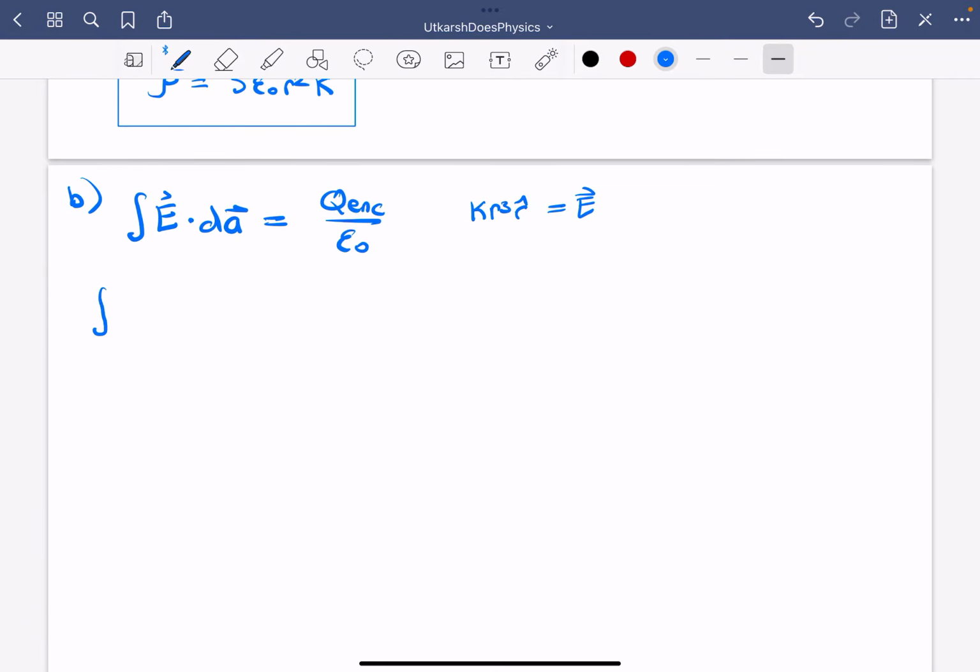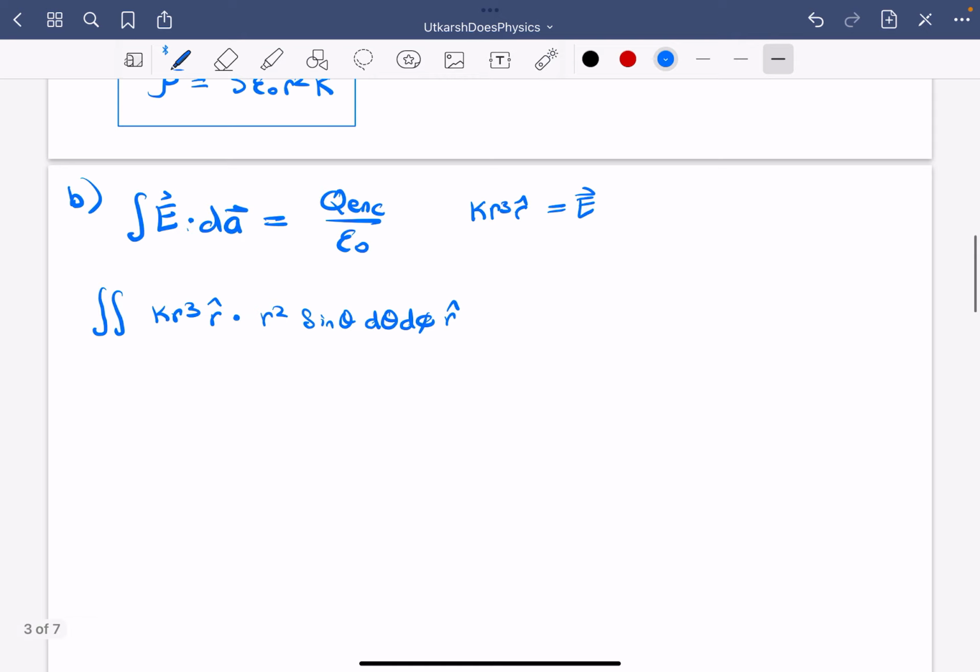So doing this integral now, we get kr cubed r hat dot dA, which is r squared sine theta d theta d phi r hat.